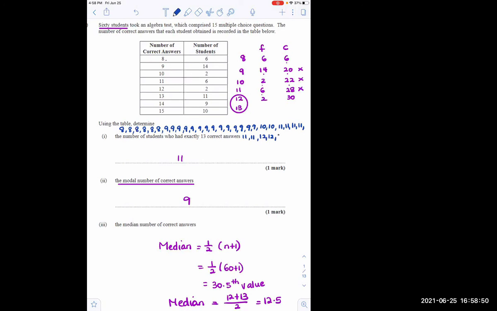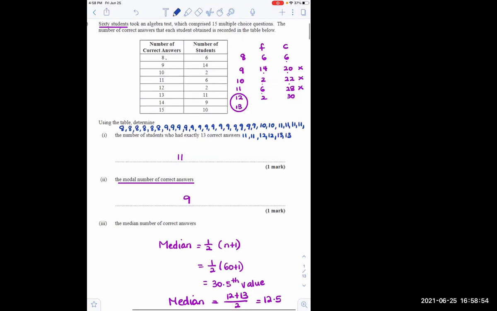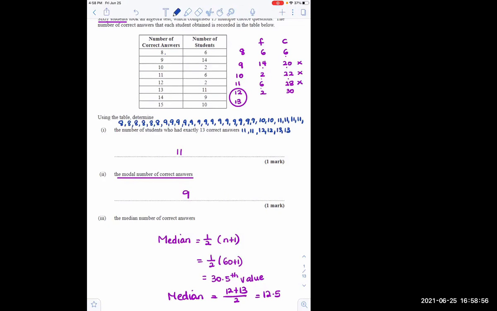And 13 occurs 11 times. We want 30.5, which is the average of the 30th and the 31st number.